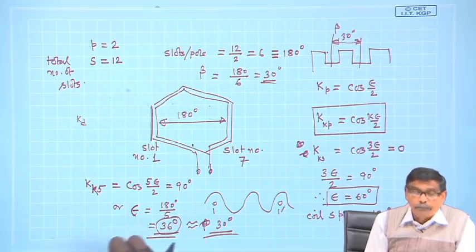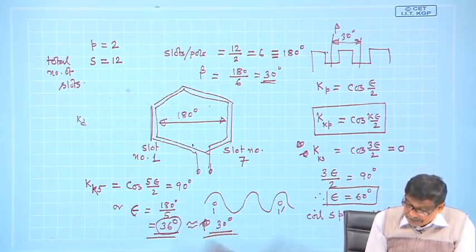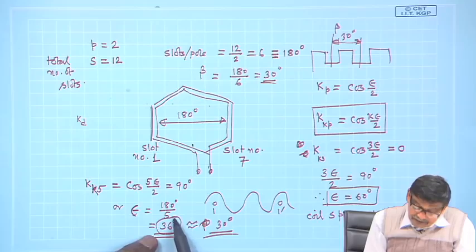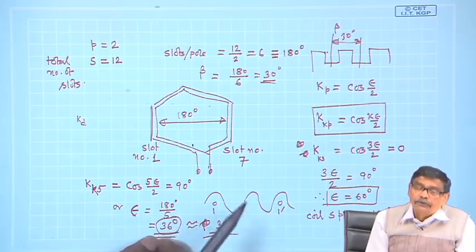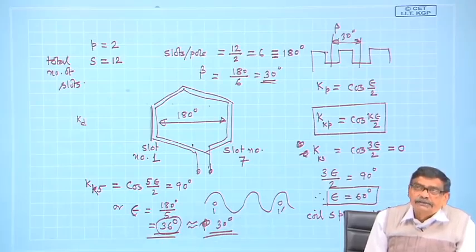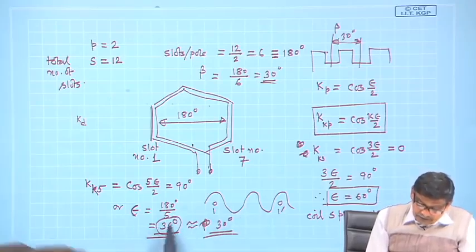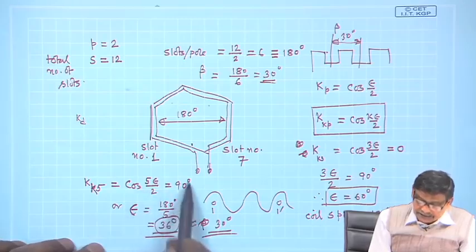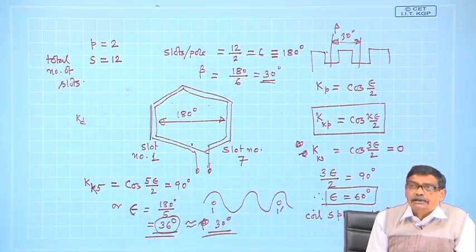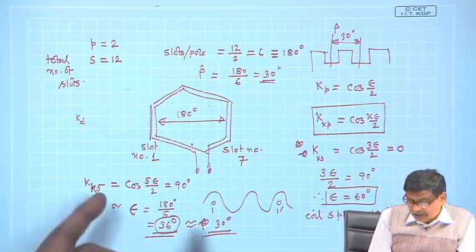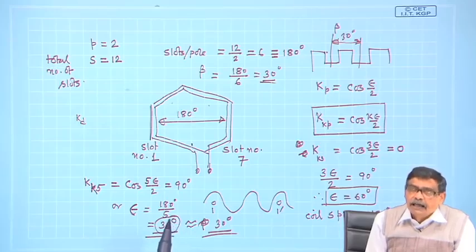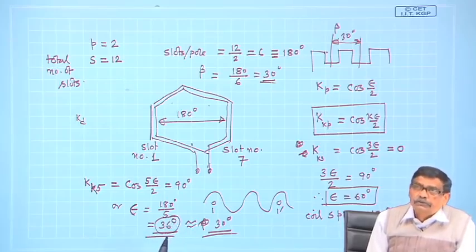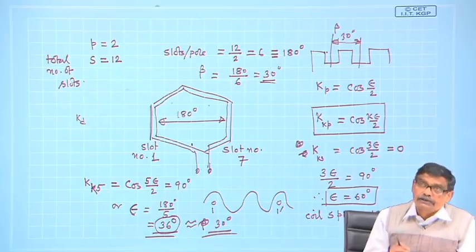It will not completely nullify that, but certainly cosine 18 degree will be much less, because it will not be 90 degree but around 90 degree, because the closest thing possible is 30 degree. In that case, I will choose 30 degree only, and it will reduce the fifth harmonic voltage considerably. That is the important point.